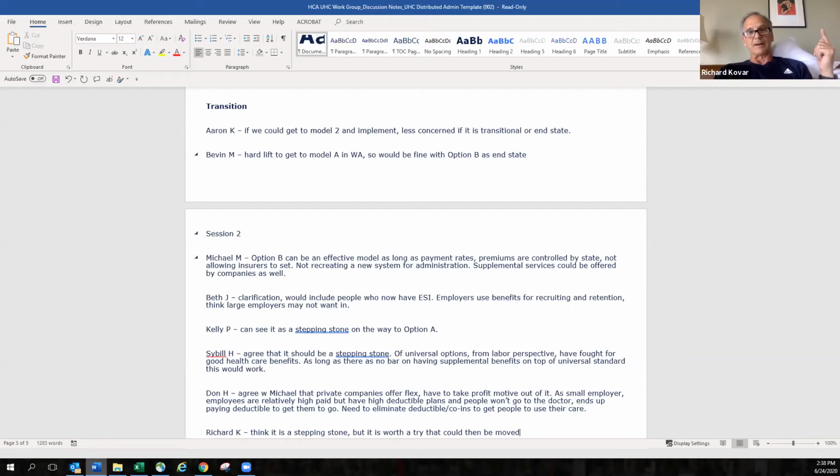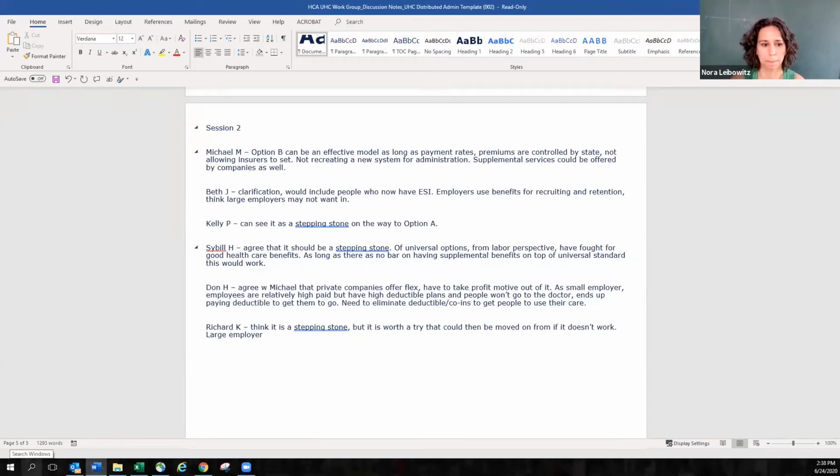The issue of the large employers is so critically important, but just because that seems insurmountable now doesn't mean it would be insurmountable next year, depending on an election. So changing things at the federal level in ERISA to be able to bring the large employers on board and make it in their interest to do so, because they can compete on plenty of other things other than benefits. So I think it's a stepping stone that we're putting forward.